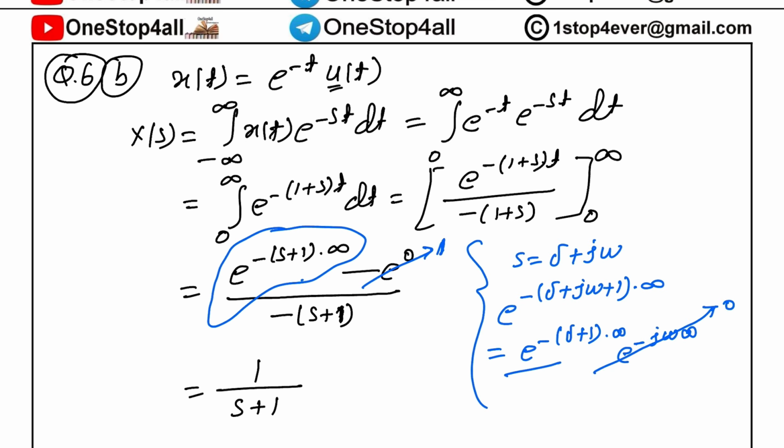Now, in this case, if sigma plus 1 is equal to 0, then this will be of the form e to the power minus 0 into infinity, which is undefined.